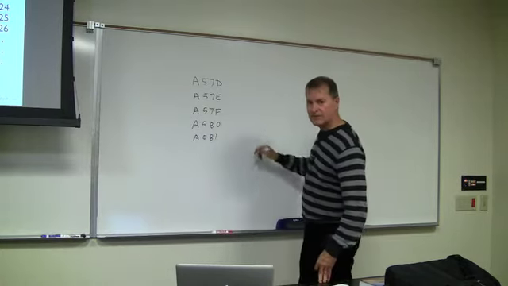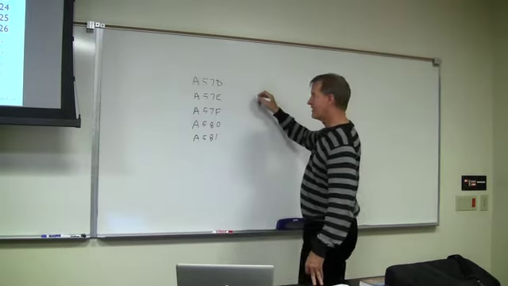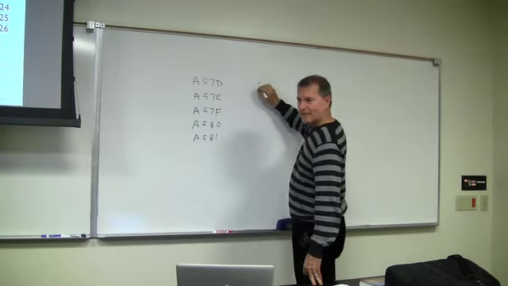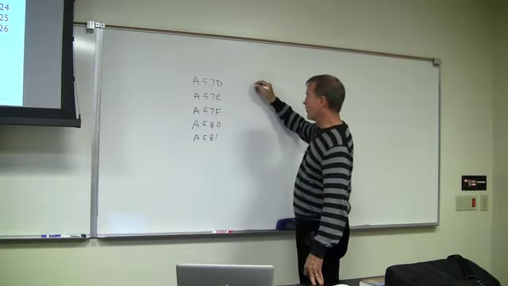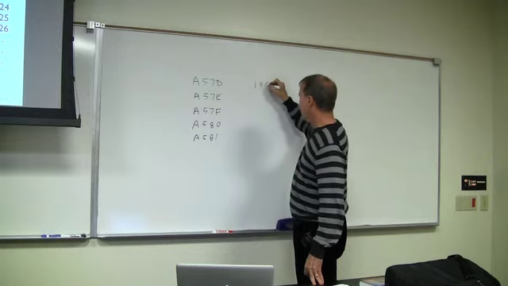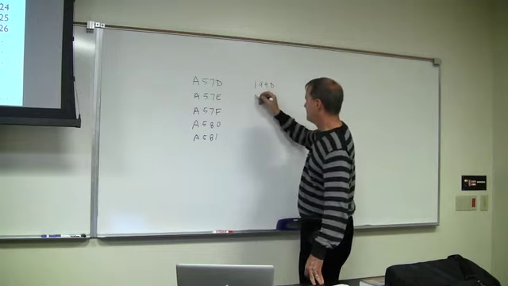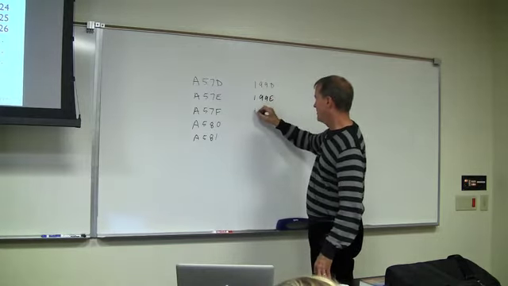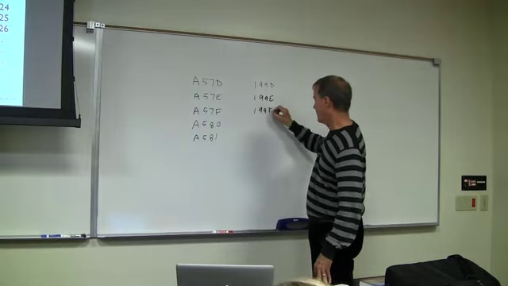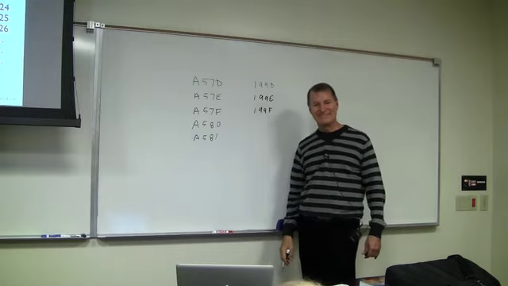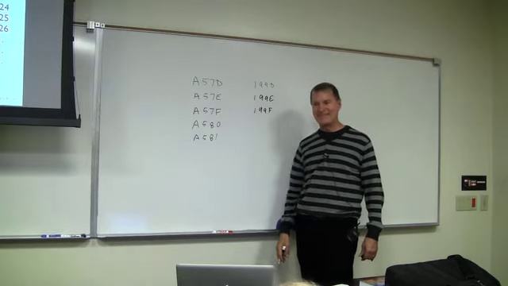Okay, so now we're going to start with another one. How about 1, 9, 9, D. 1, 9, 9, E. 1, 9, 9, F. 1, 9, A, 0.